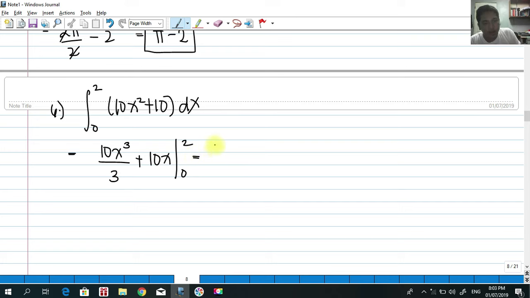So we have 10 over 3 times 2 cubed plus 10 times 2, minus, of course, 0 cubed over 3 is 0, plus 10 times 0 is still 0. So 2 cubed is 8, so 80 over 3 plus 20.